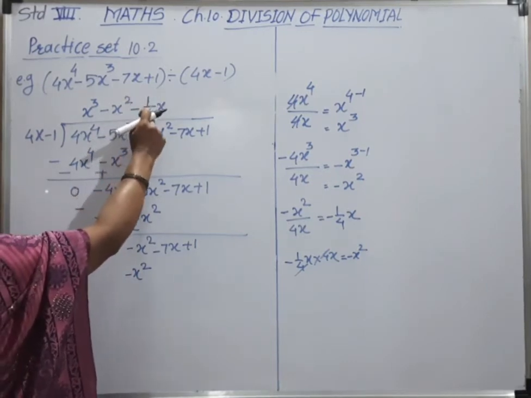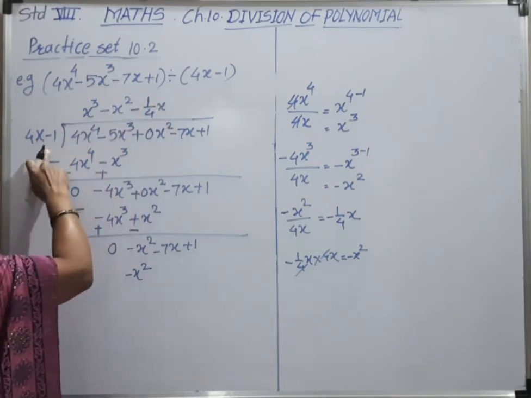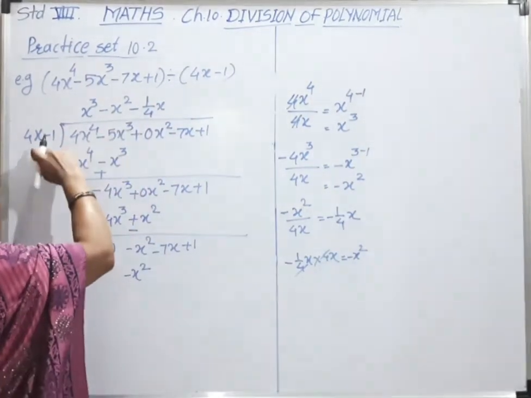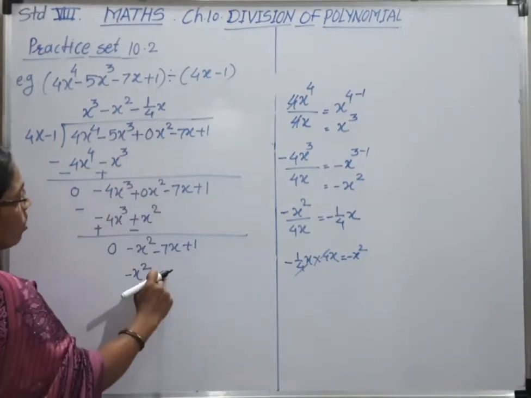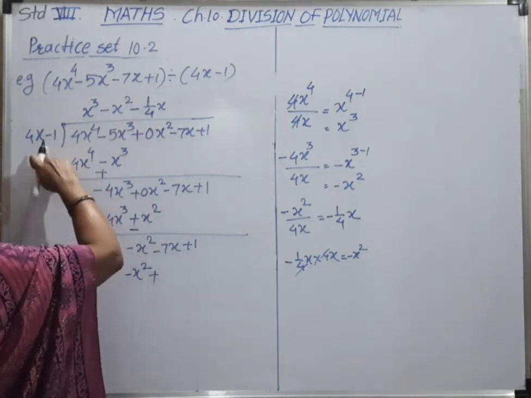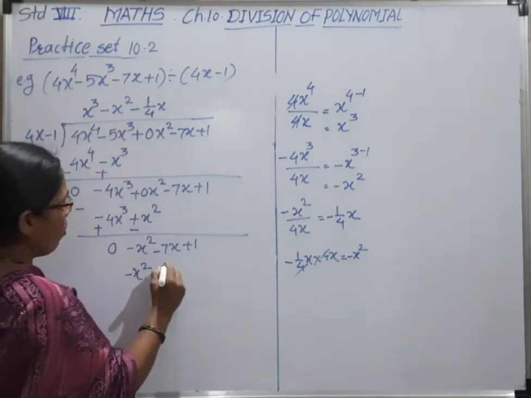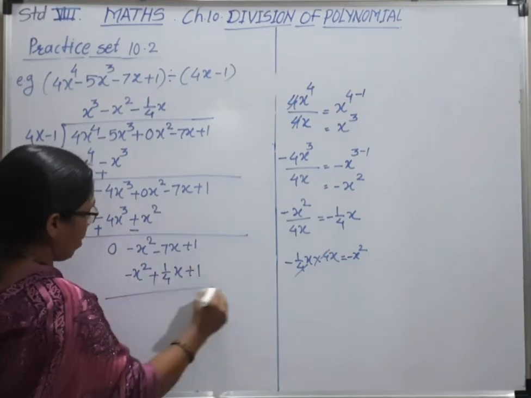Again, minus 1 upon 4 x multiplied by minus 1. Minus into minus is plus, and x term is here, so we write plus 1 upon 4 into 1, that is 1 upon 4 x only, and plus 1 will come as it is.